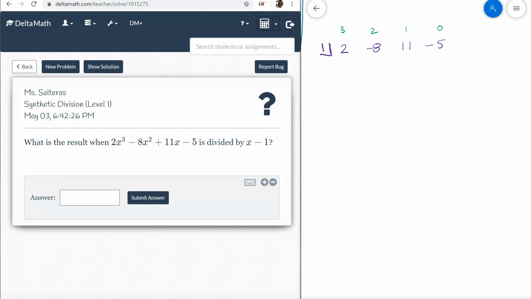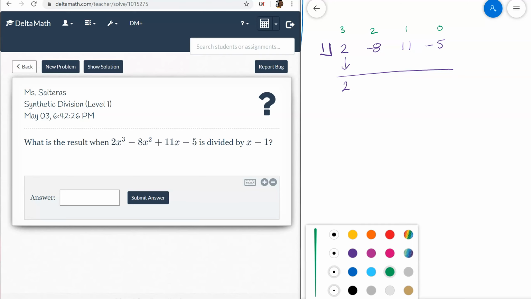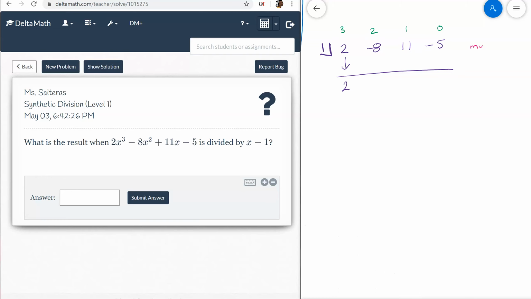Here is my line across. The first number we're going to drop and rewrite. Then we multiply with what's inside the box. 2 times 1 is 2, and we're going to add straight down. So that's negative 6.